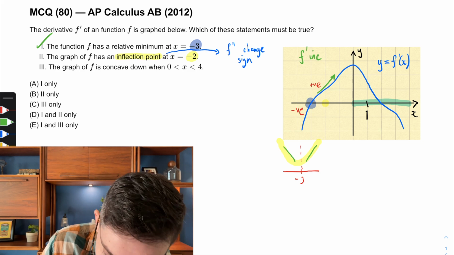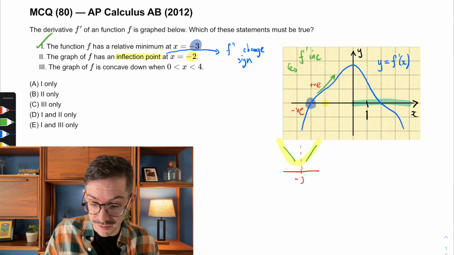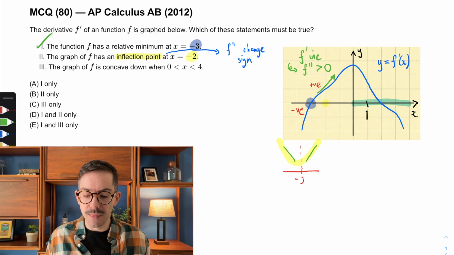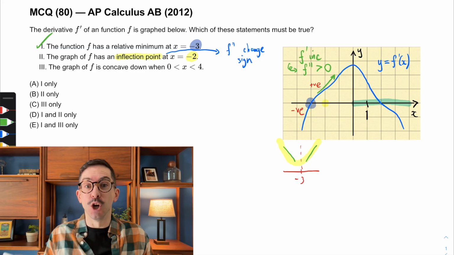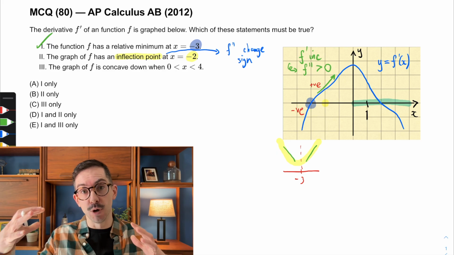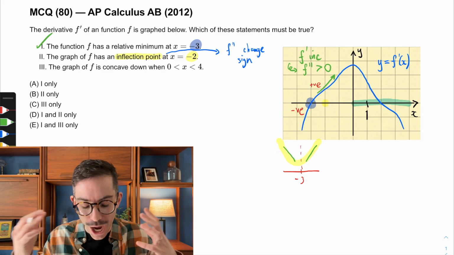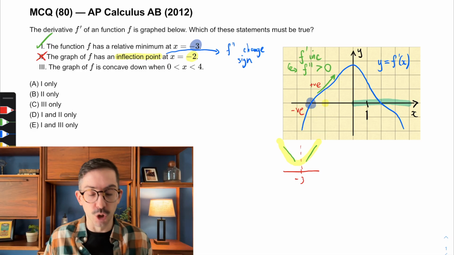And so that means, because the second derivative is the derivative of f prime, increasing behavior means that f double prime is positive. So concavity can't change to give us an inflection point at x equals -2 because the second derivative is constantly positive. It does not change sign, so I cannot have a point of inflection there. So the second statement is not true.